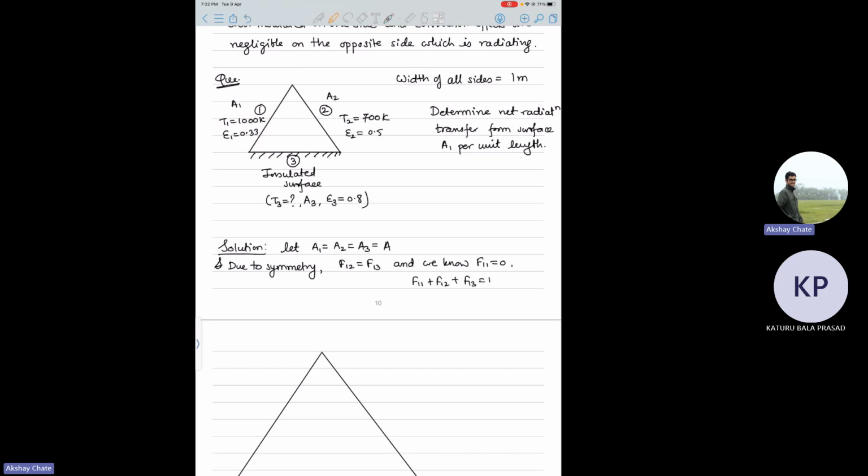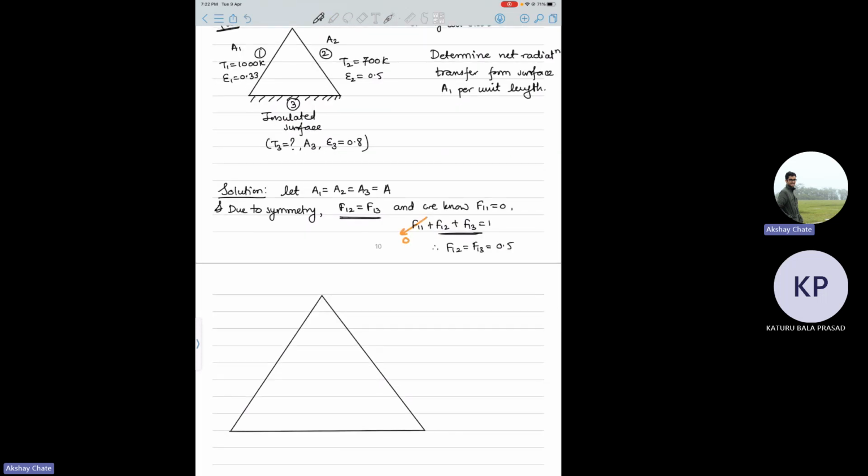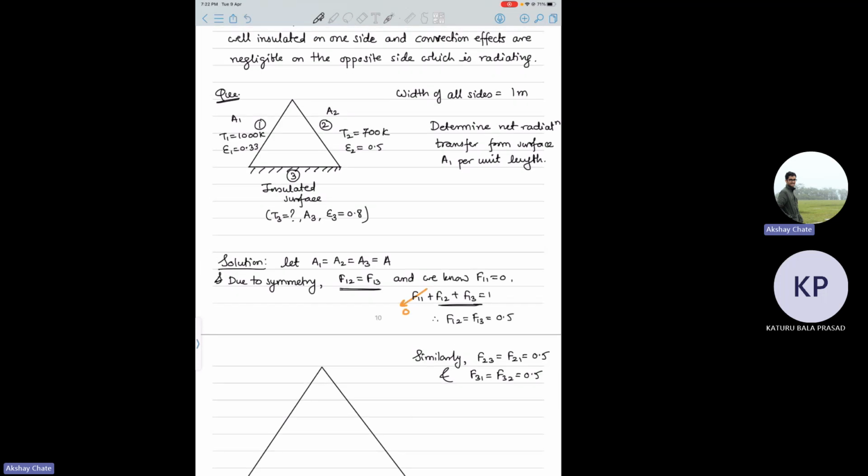So this one is 0, and these two are the same, so from these you get F12 and F13 equal to 0.5. Similarly, if you apply the same logic to the second and third surfaces, you will get F23 equal to F21 equal to 0.5, and F31 and F32 equal to 0.5. Remember, this is only possible because this is an equilateral triangle.